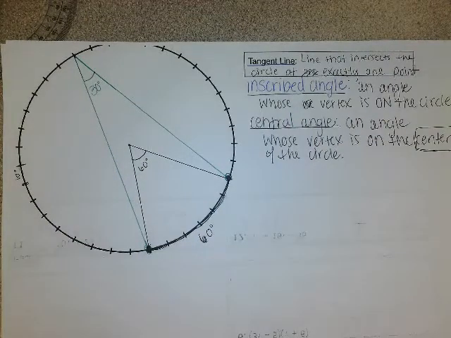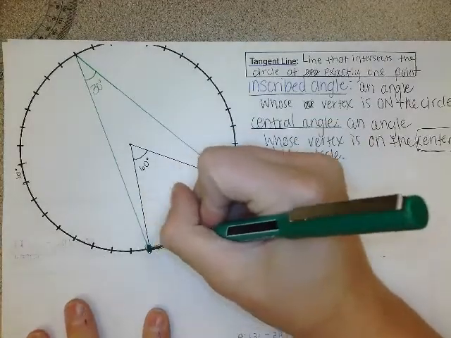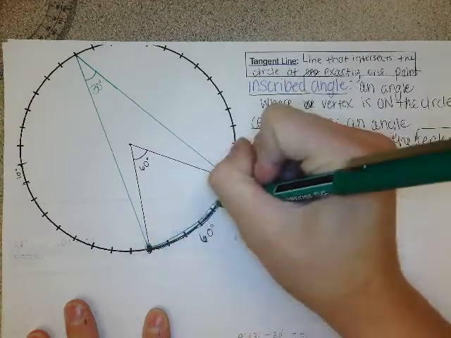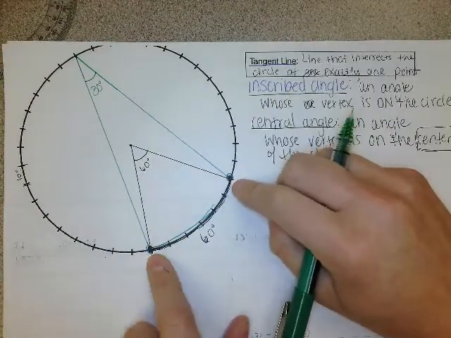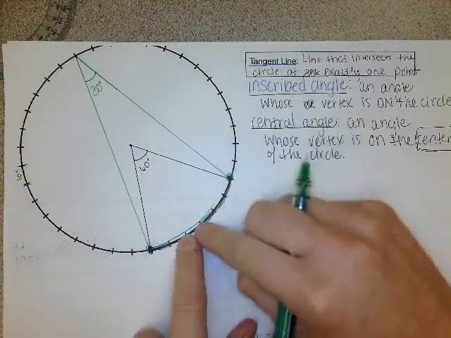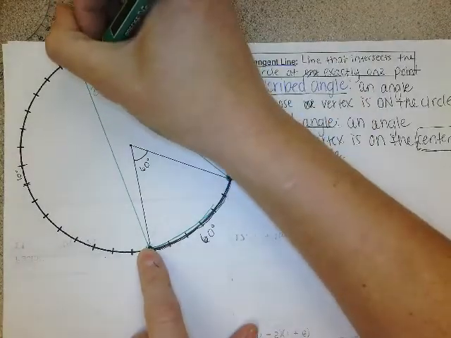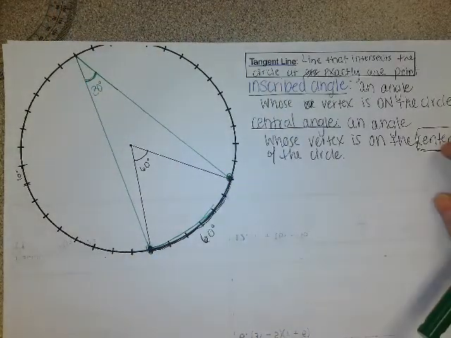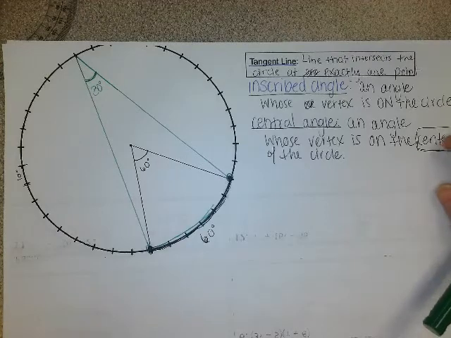So what do you think our relationship is between our intercepted arc? That just means the arc in between the endpoints of the angle. Perfect. All right.